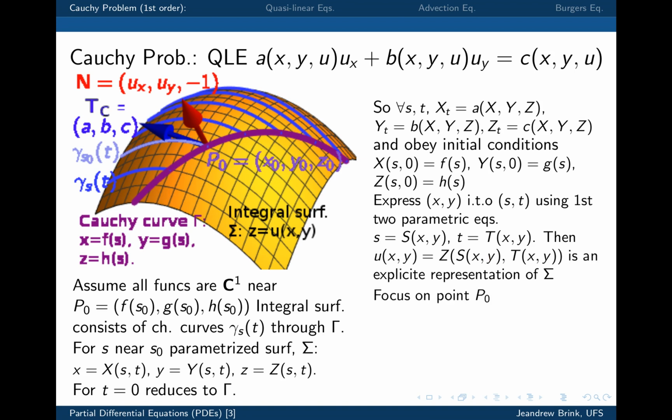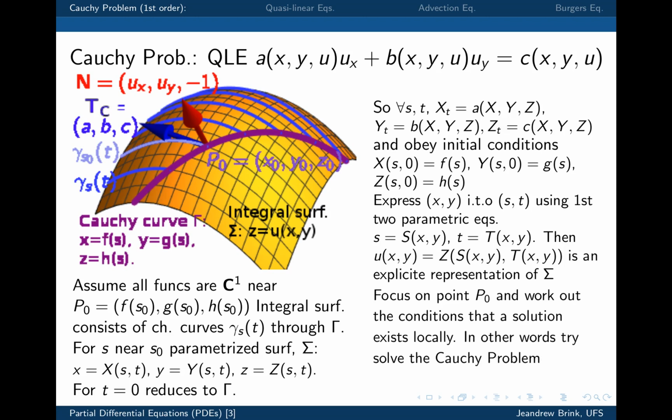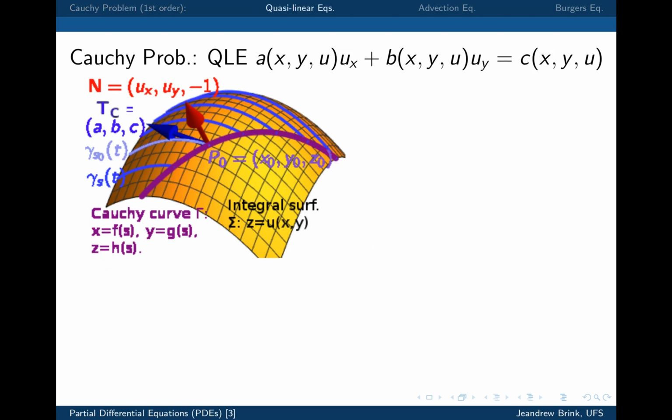So now let's go back and we focus on point P0, and we work out rigorously what the conditions are that you can actually do this. And the conditions that the solution can exist locally is basically saying that if it exists locally, we've solved the Cauchy problem.